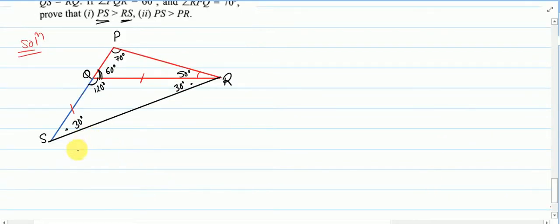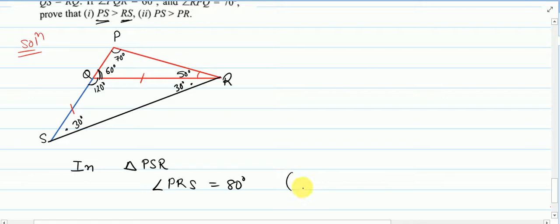So here we'll write, in triangle PSR, angle PRS is equal to this 50 plus 30, that is 80 degree.